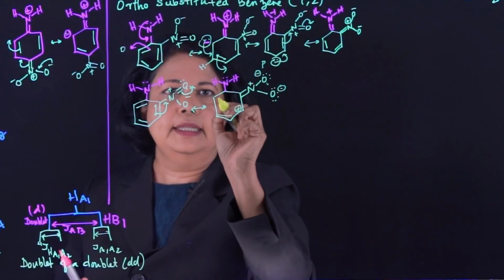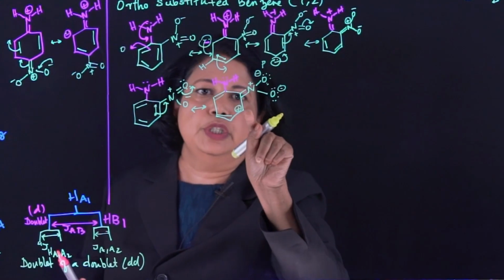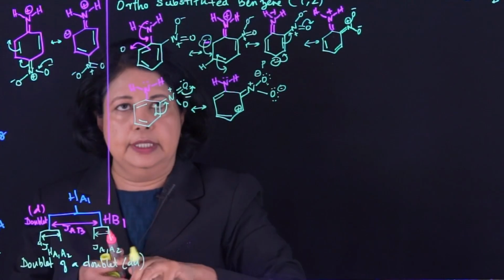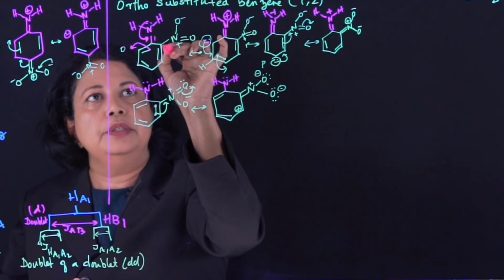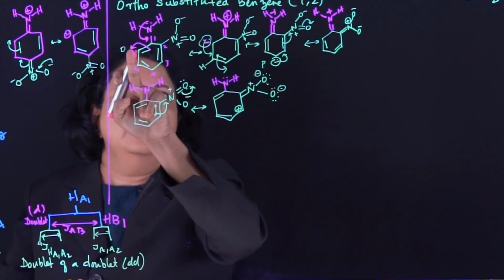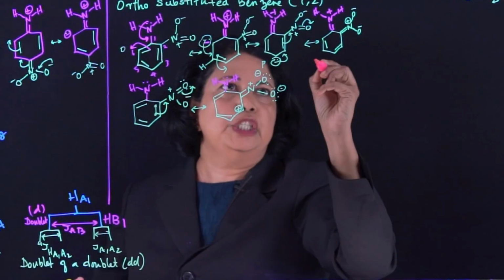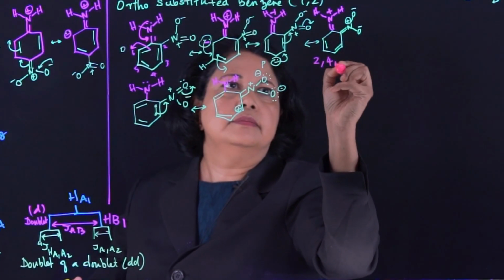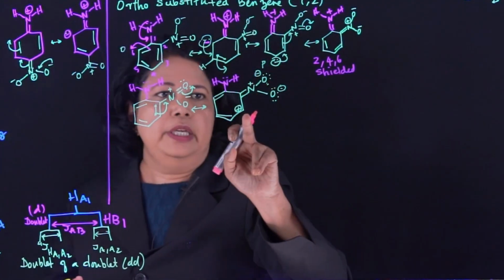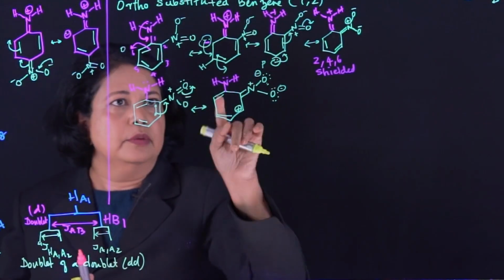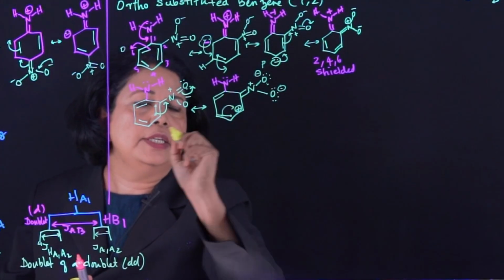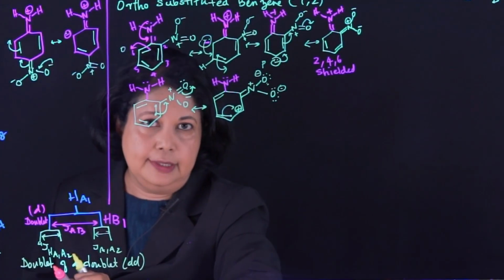So you can see that these positions are going to be very de-shielded. So if I were to number this as 1, 2, 3, 4, 5, 6, you could say that 2, 4, 6 would be shielded. And over here, you could say, well, 3, and now when you flip this over and put a positive charge, 3 and 5 are going to be de-shielded.